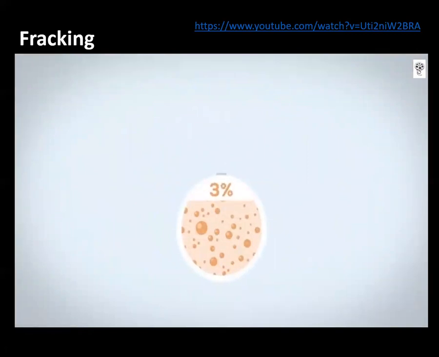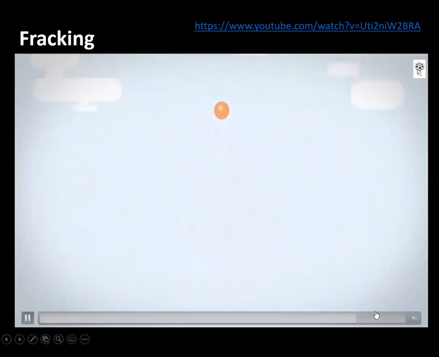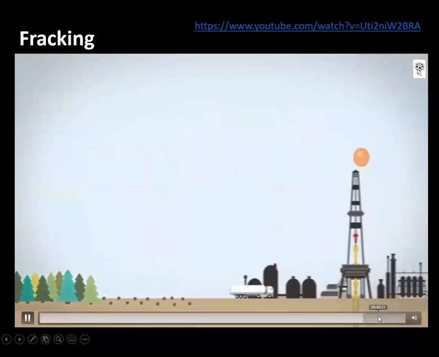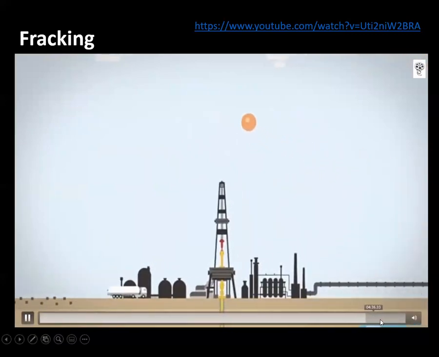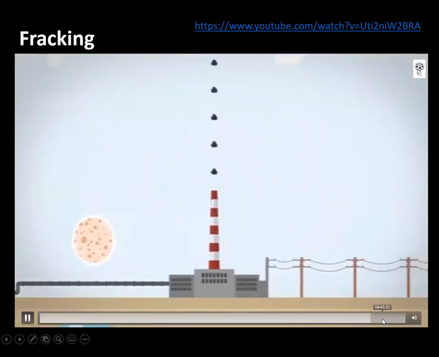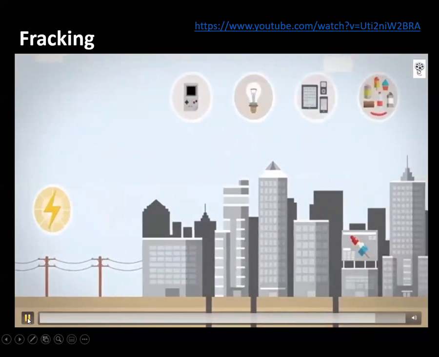In addition, about 3% of the recovered gas is lost in the extraction and escapes into the atmosphere. So how is fracking and its expected benefits to be assessed when the advantages are balanced against the disadvantages? When properly employed, this technique offers one way in the short to medium term to meet our demand for lower cost energy.